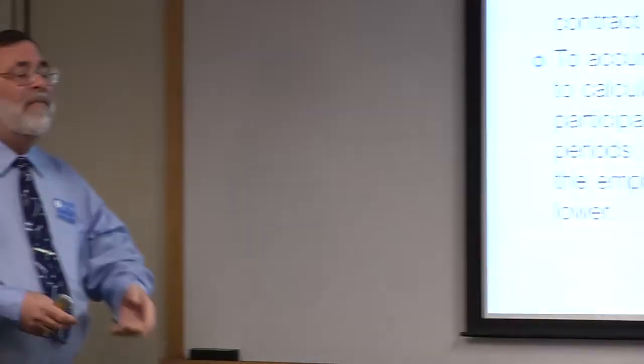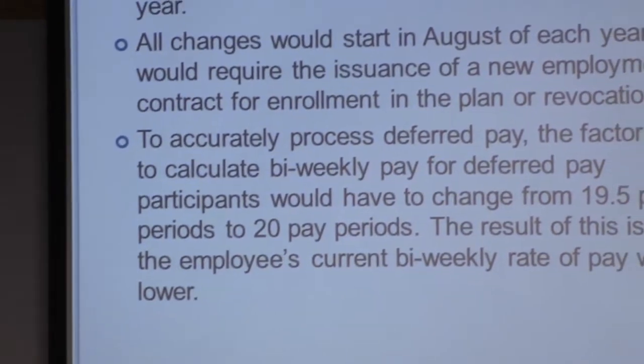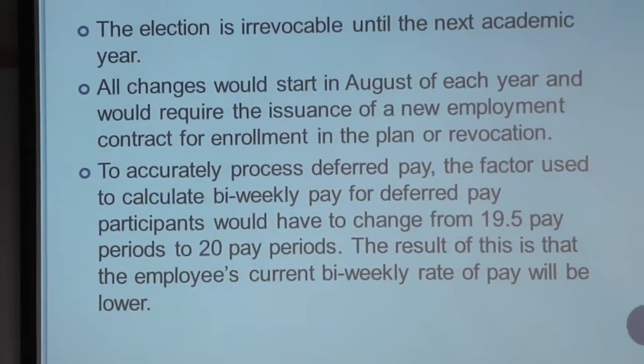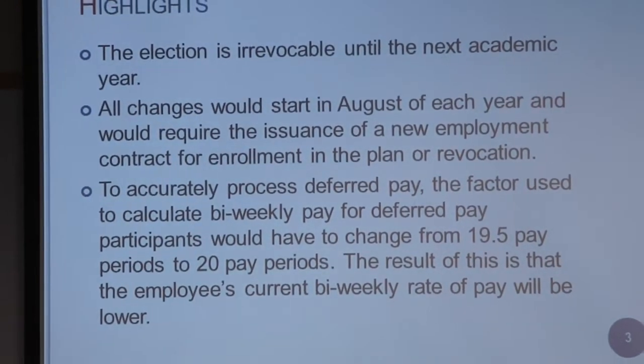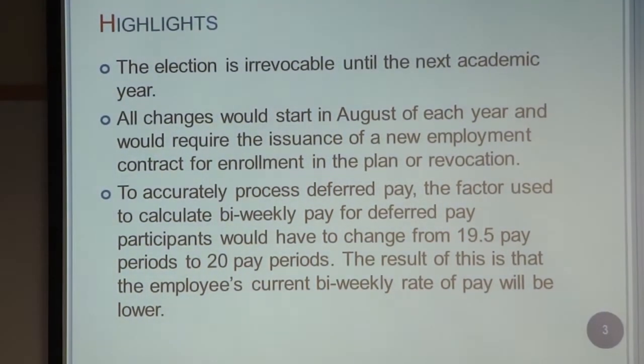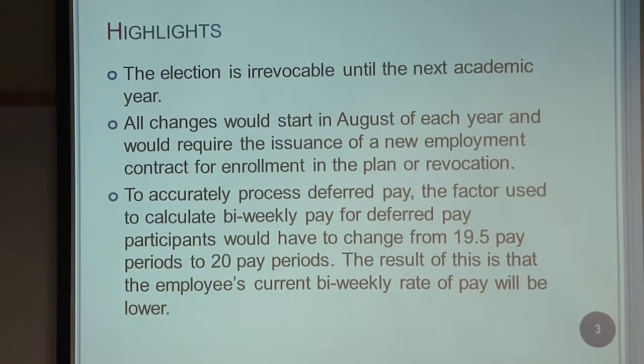Those are your instructions. So basically, once you're in it for a year, if you come out, you need to come out before June 30th of the next year so that you don't continue in it if it's not your intent to do so. So that's where we would move on.